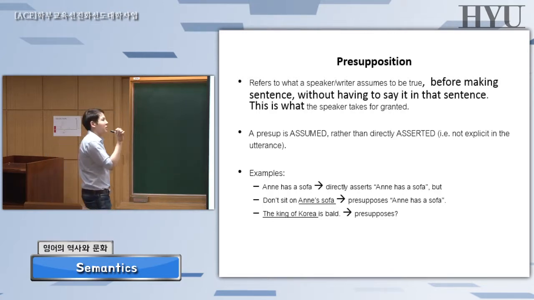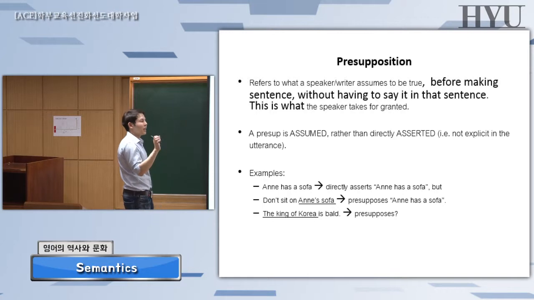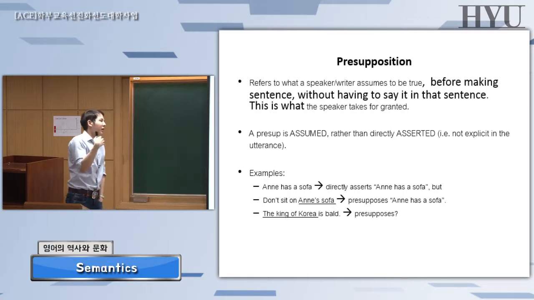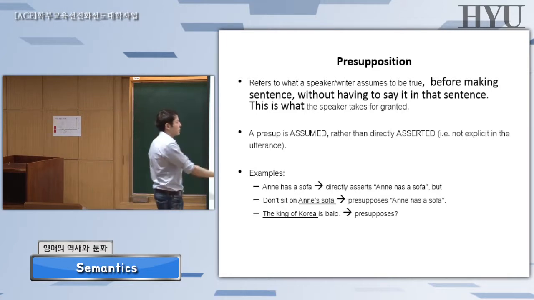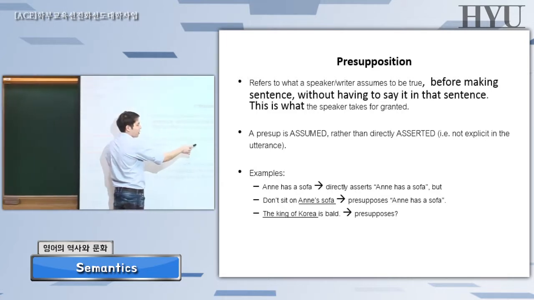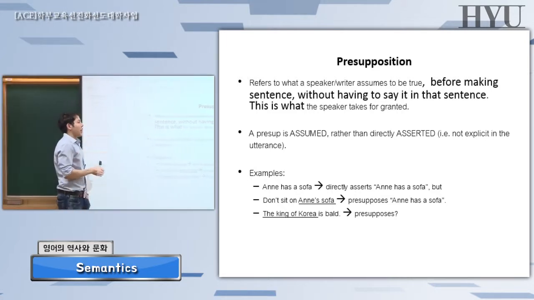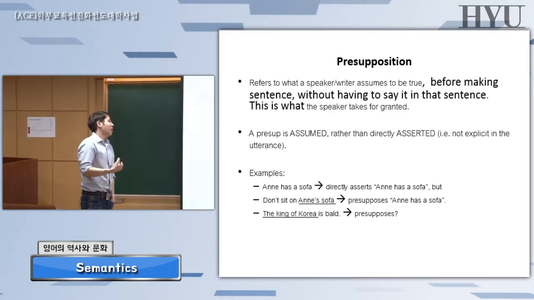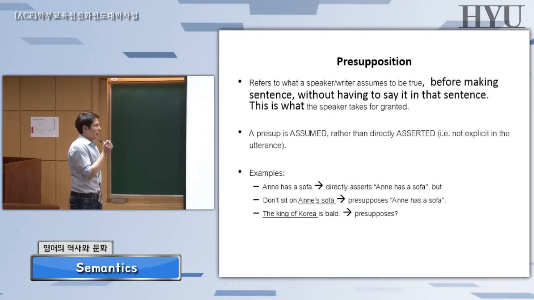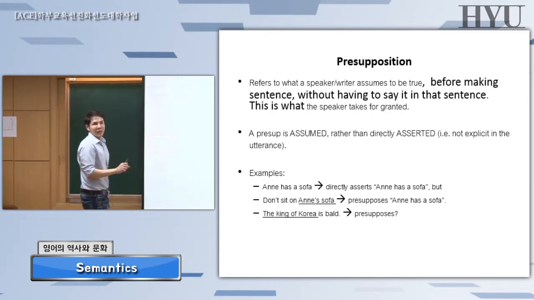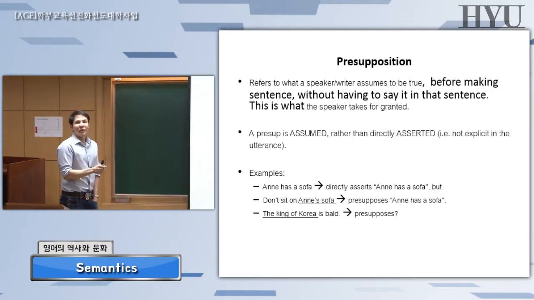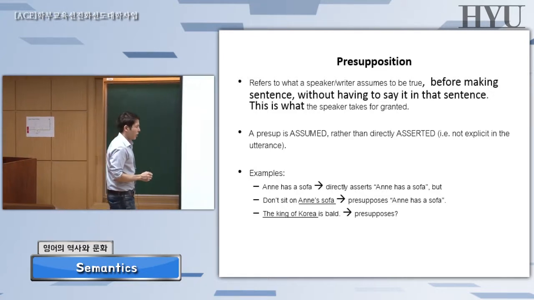It's what the speaker or the writer assumes to be the case, and what the speaker doesn't have to say. Okay? A presupposition is assumed rather than directly asserted, right? Asserted meaning claimed, right? In entailment, it has to be asserted. But in a presupposition, it doesn't have to be said, claimed, or asserted, right?